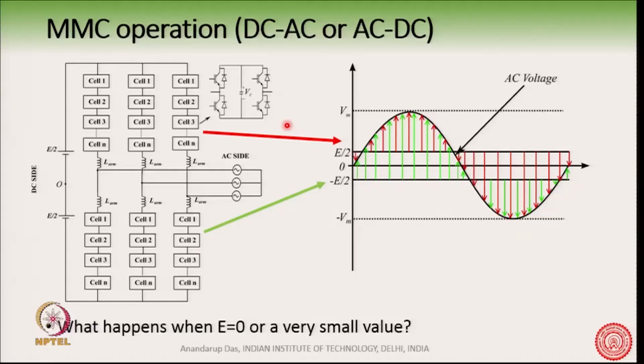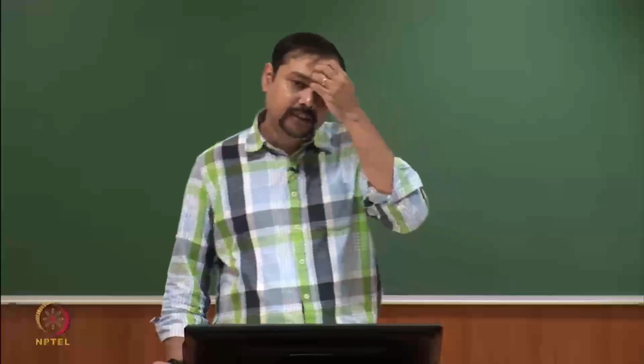So, there is some stored energy in the capacitors, and if we have to operate the converter during this time, what we are utilizing basically is the stored energy of the capacitors in the cells, which is helpful in creating this back EMF. This energy will quickly get exhausted, and then we have to immediately shut down the converter.